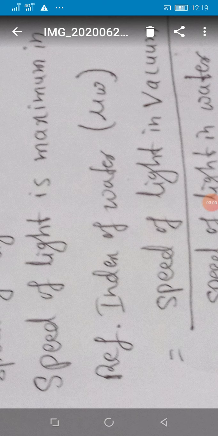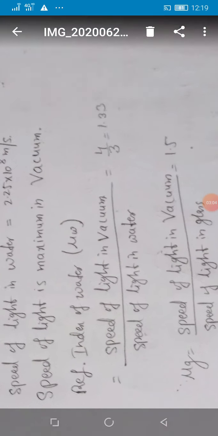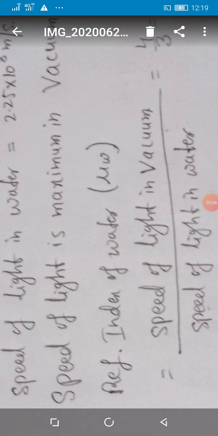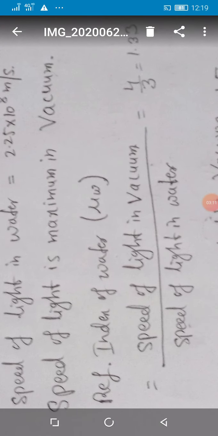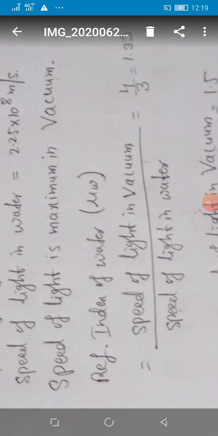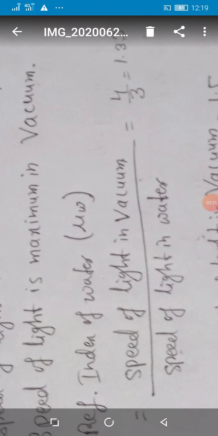Now I am coming to the basic mathematics of it, student. For example, I want to find out the refractive index of water. Student, this is the formula. The refractive index of water is the speed of light in vacuum upon the speed of light in water. And this refractive index comes out to be 4 by 3. It is an experimental value, student, 1.33.